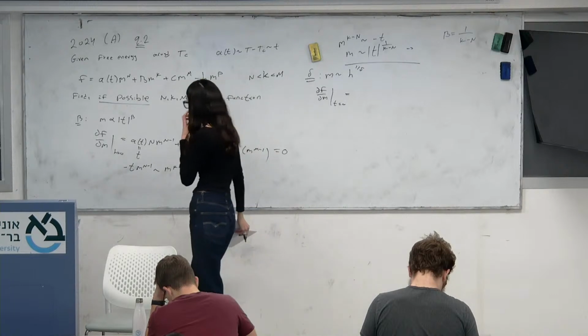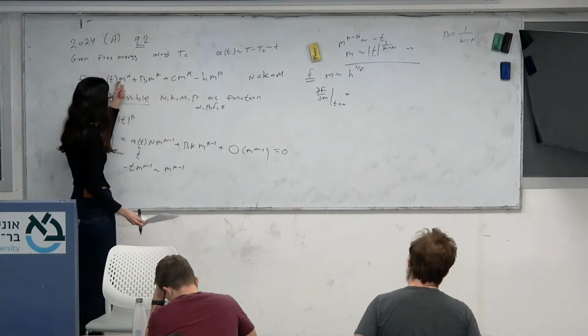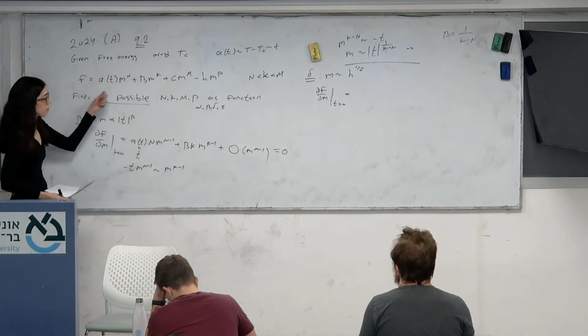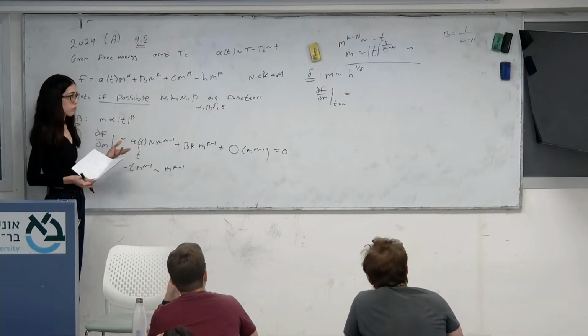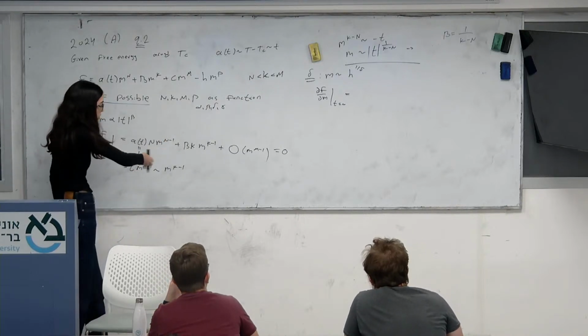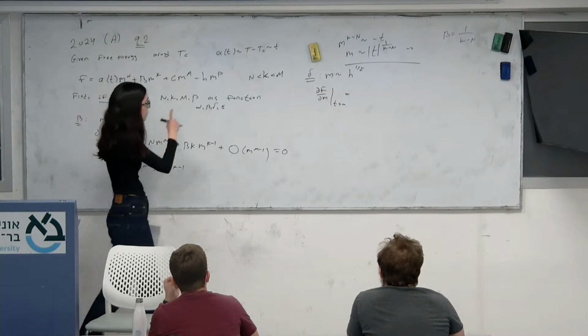So the first term that relates to a of t, because this is proportional to t, is going to go to 0 when we take t equals 0, so I'm already ignoring it.